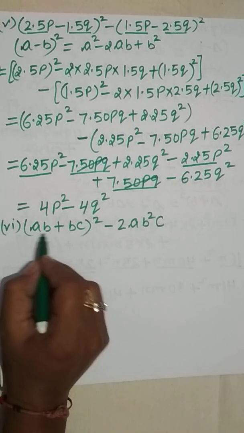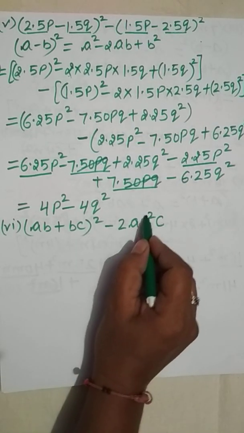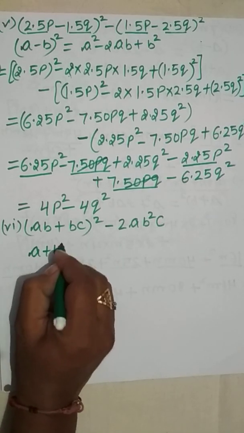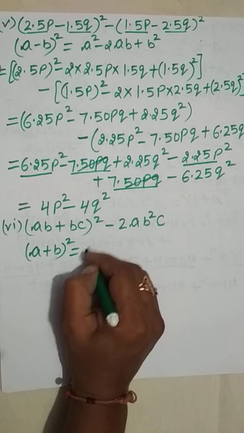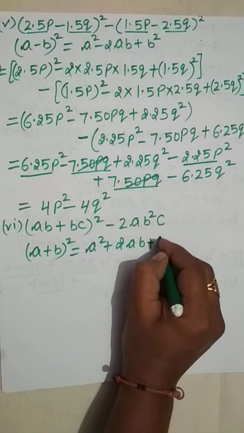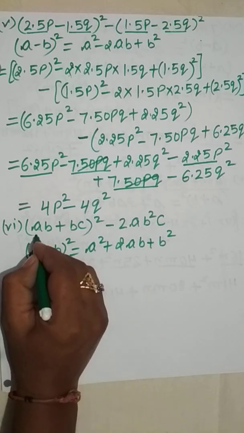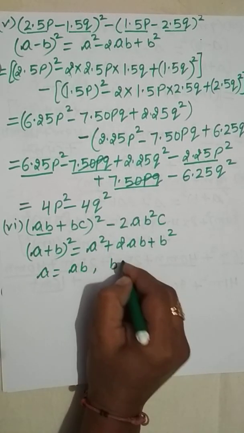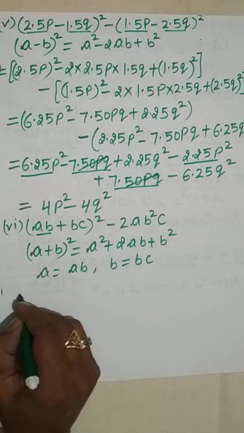Next is (ab plus bc) whole square minus 2ab square c. This is (a plus b) whole square kind, which is equal to a square plus 2ab plus b square. Here the value of a is ab and b is bc. Substitute the values.